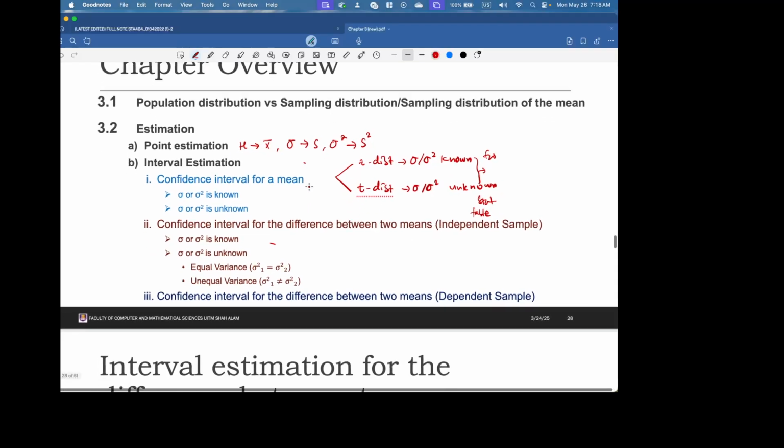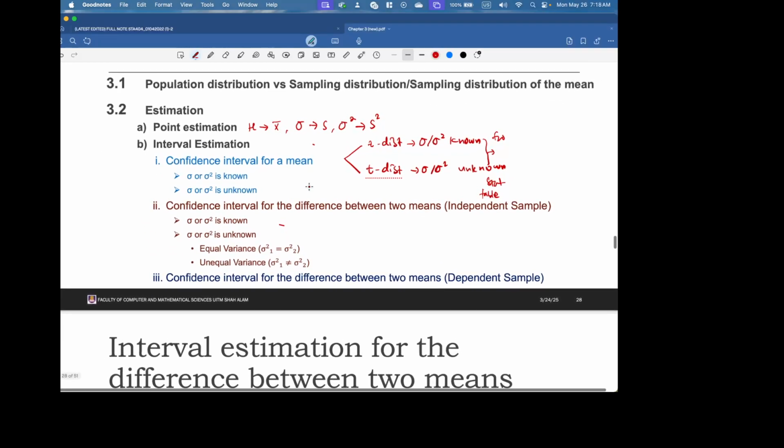Now we continue with what if, instead of one group, as in the case of interval estimation where you only have one group of students and want to estimate the mean for archi students only, we have a different way.